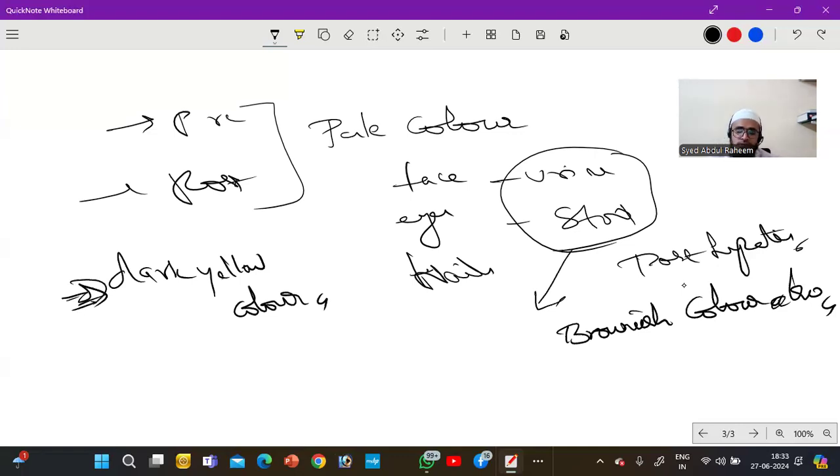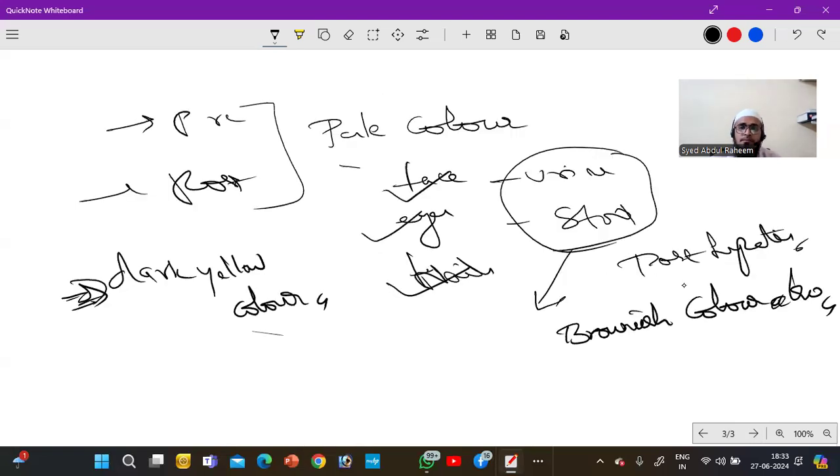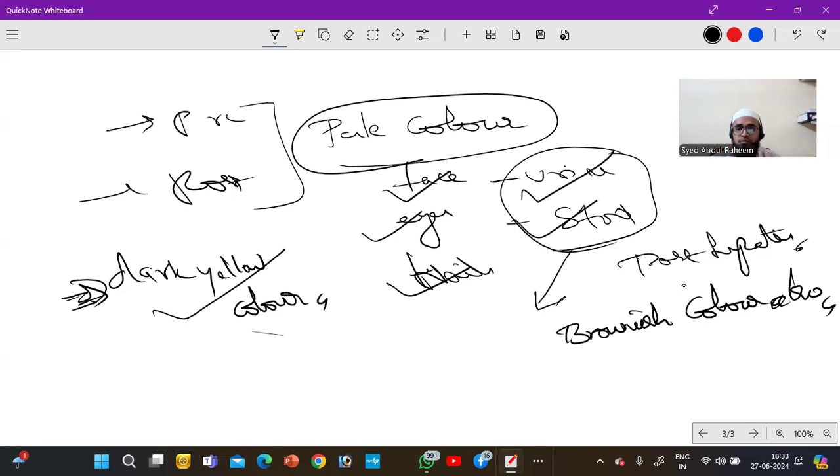So these are the symptoms you can see in hepatic and post hepatic: anorexia, nausea, dyspepsia, weight loss, abdominal pain, fever, chills, backache, and the face, eyes, nails all pale in color or dark yellow, even urine and stool. Sometimes you can see a brownish color in the stool also. So these are the clinical features.